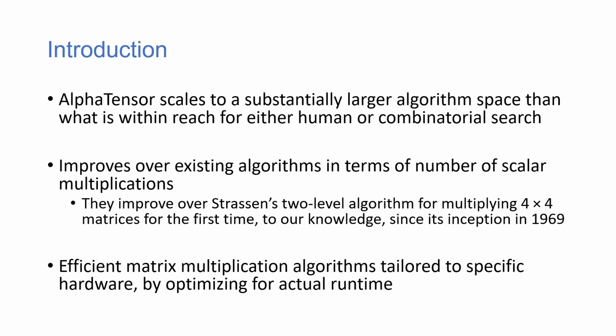The advantage of using a reinforcement learning approach with AlphaTensor is that they can reach a larger state space for bigger problems than humans and combinatorial search are capable of doing, and it's basically able to tackle this NP-complete problem, and improves, as mentioned, the Strassen algorithm for a 4x4 matrix multiplication that hasn't been, to their knowledge, improved since 1969. And it also is more efficient because it optimized for the runtime of a particular hardware target.